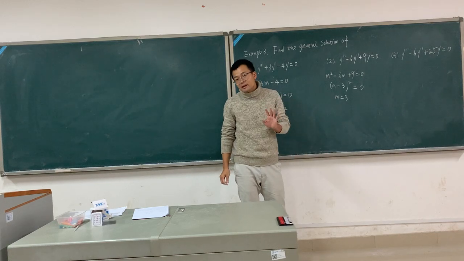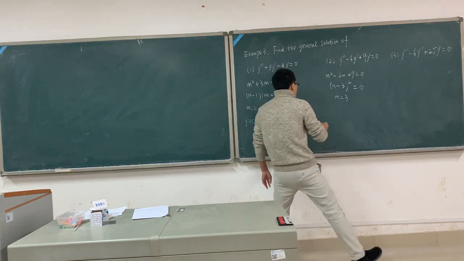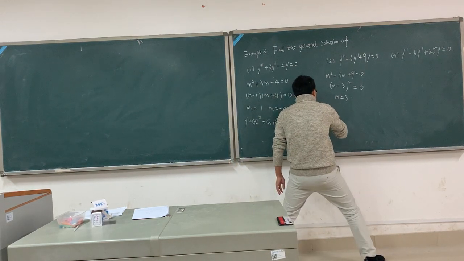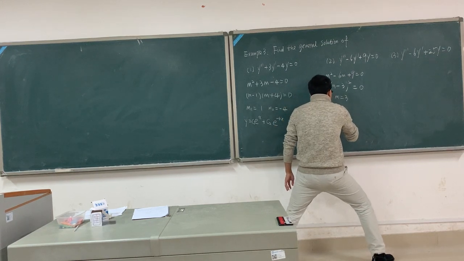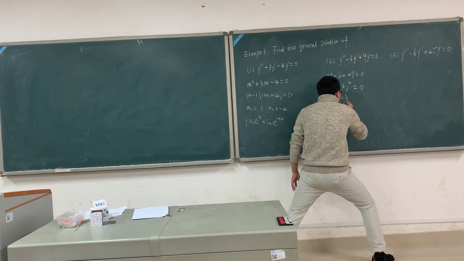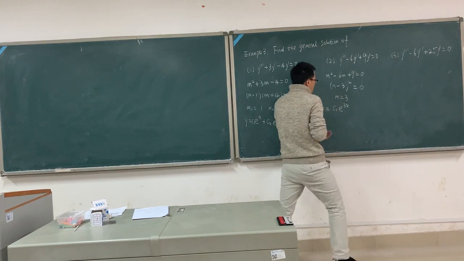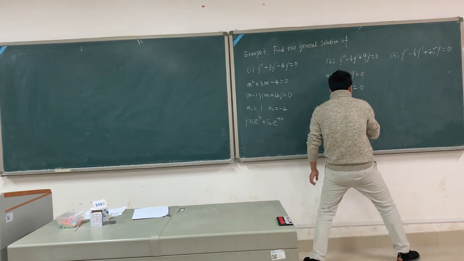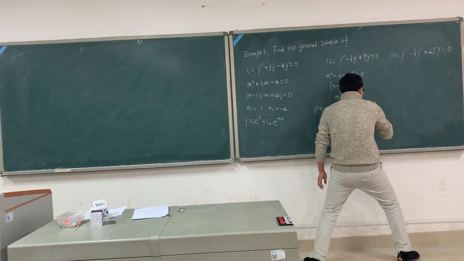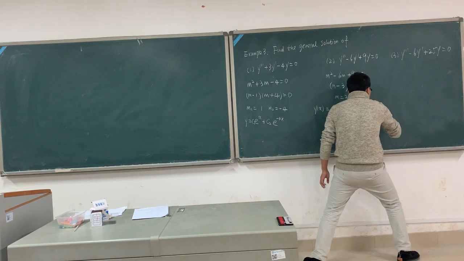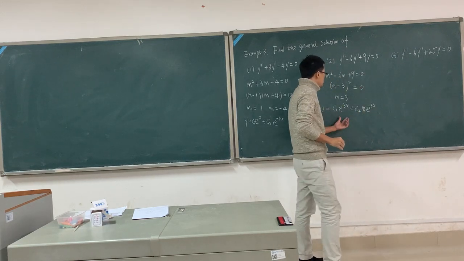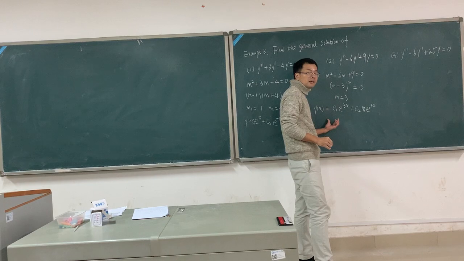This is the second case, so the general solution should be y(x) equals c1 e^(mx), so e^(3x), plus c2 x times e^(mx). So this is the second, okay?